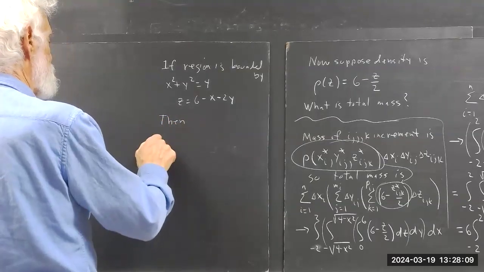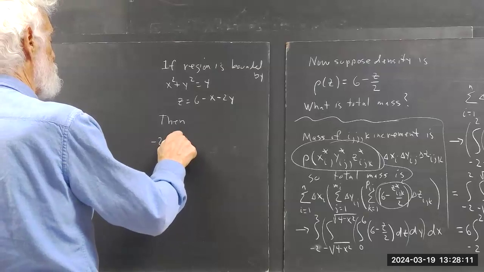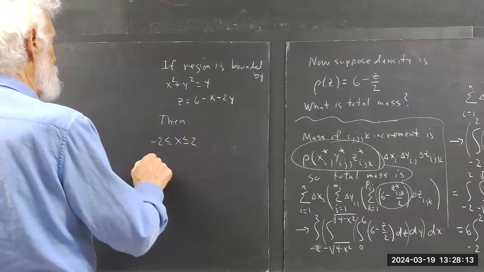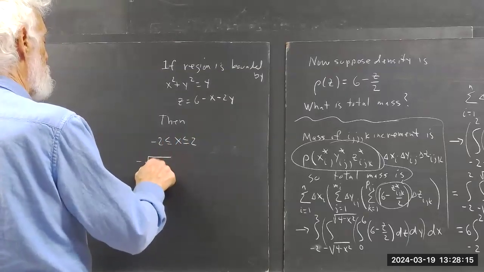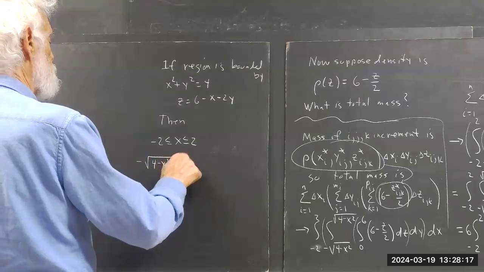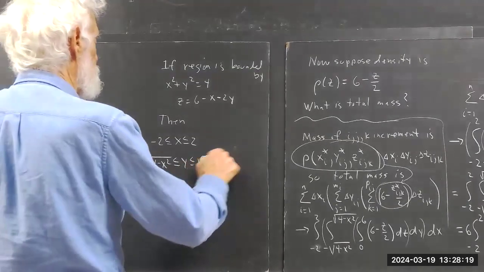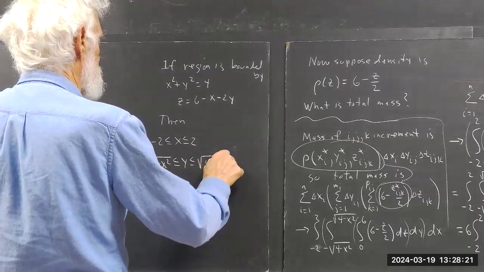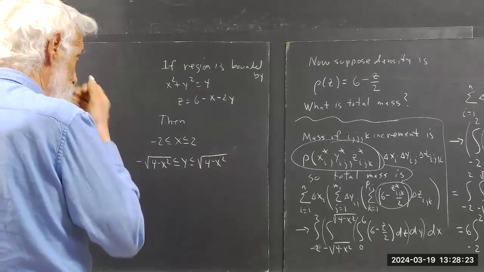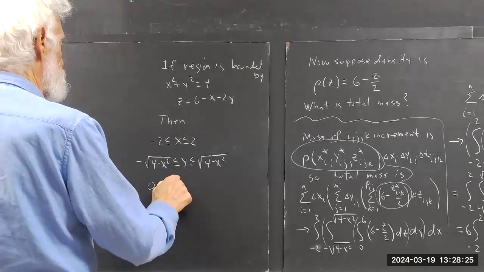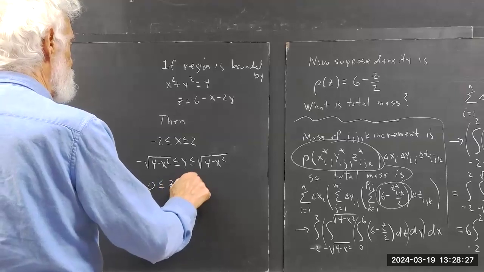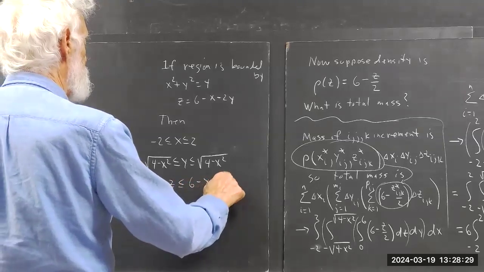Then you have -2 less than or equal to x less than or equal to 2, negative square root of 4 minus x squared less than or equal to y less than or equal to square root of 4 minus x squared, and 0 less than or equal to z less than or equal to 6 minus x minus 2y.